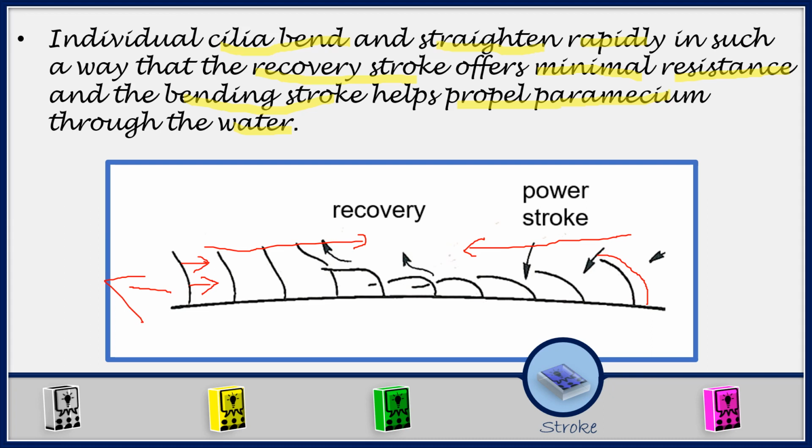But now, when it is coming back from the straightened point, it bends. As it is bending, this allows the water current to pass over the bent area. So as the water current is passing over the bent area and moving away, it is going to allow the organism to propel through water with minimal resistance.